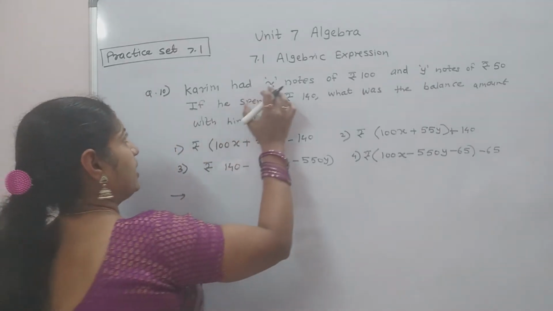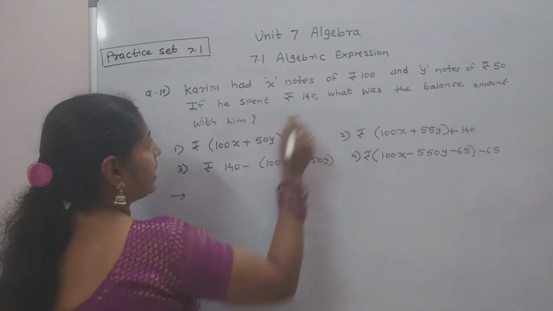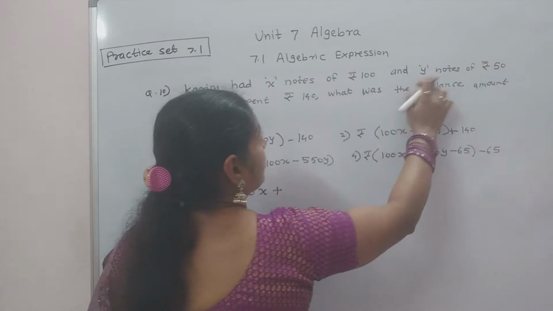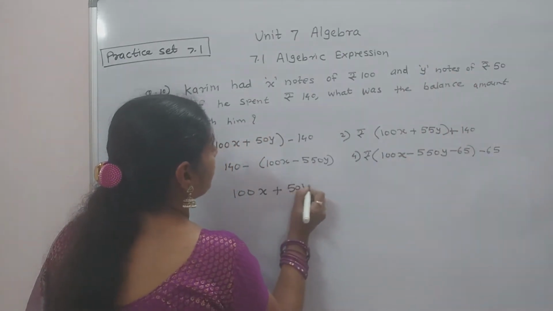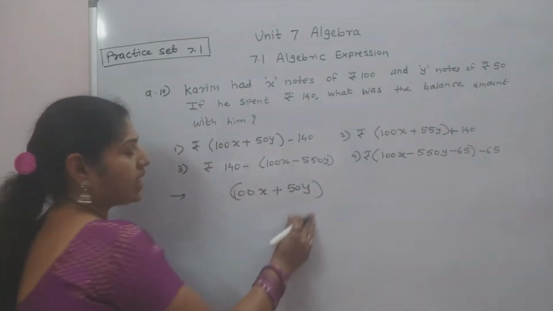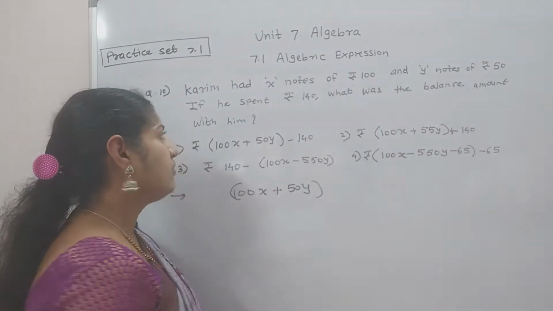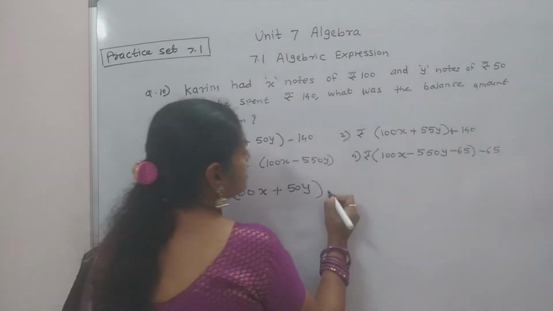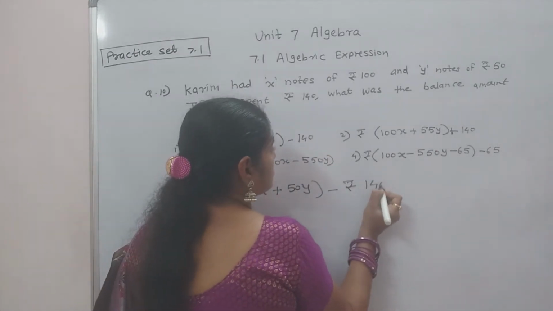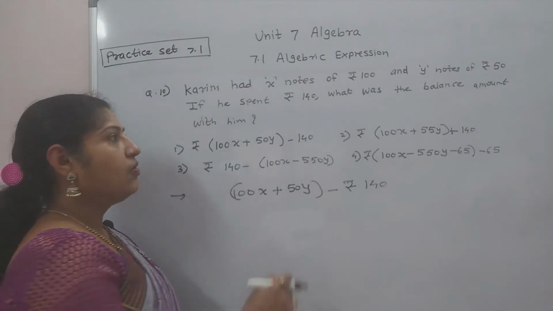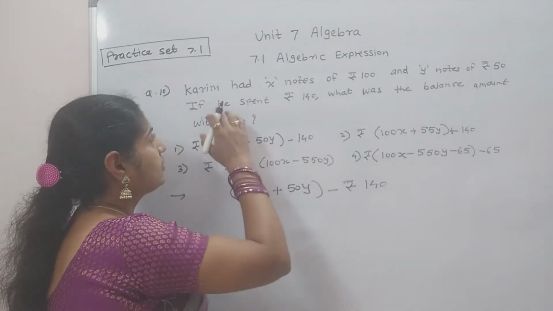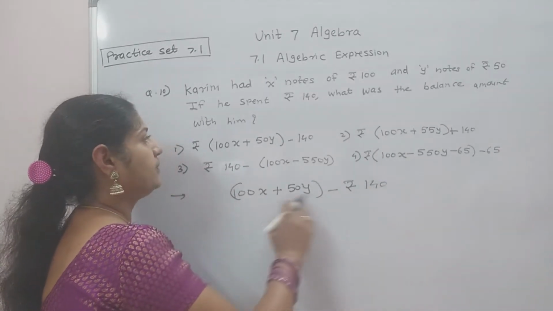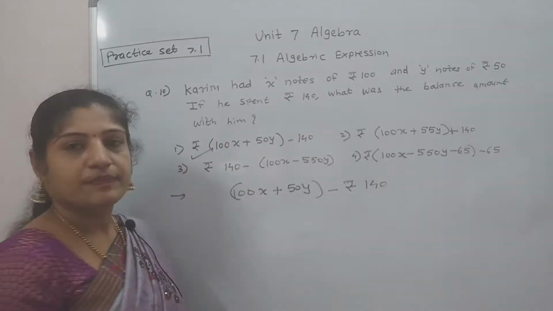Similarly, x notes of 100 is 100x rupees, plus y notes of 50 rupees, 50y rupees. The sum is 100x plus 50y, the total amount, and he spent rupees 140. So the balance is 100x plus 50y minus 140. That is option number 1.